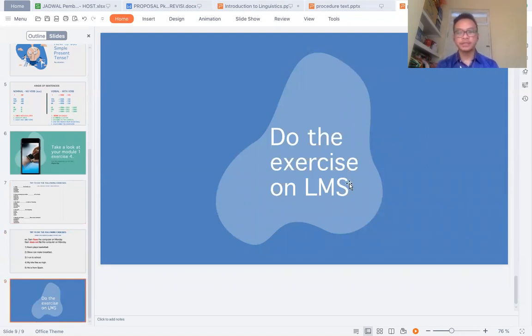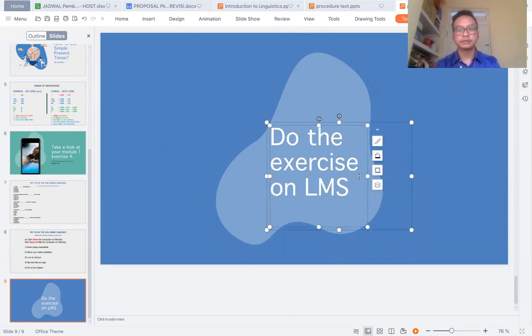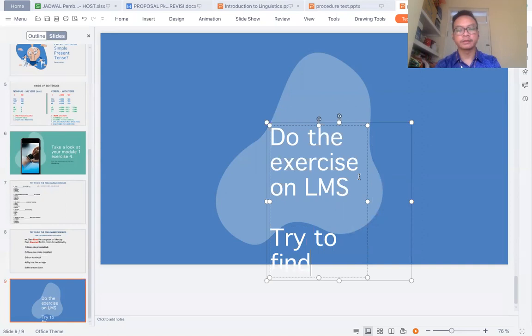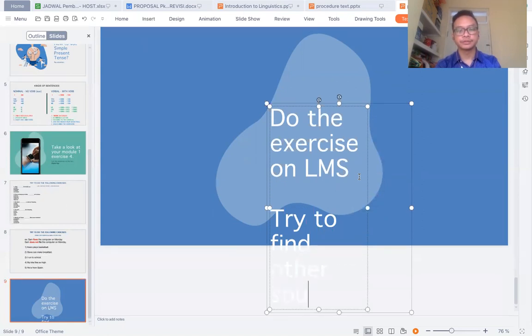If you still do not understand, or if you are still unclear of what I'm explaining today, you can try to search for the simple present tense on Google. Ya, jadi jangan mendengarkan video saya saja. Silakan googling sendiri ya. Try to find other solutions on Google.